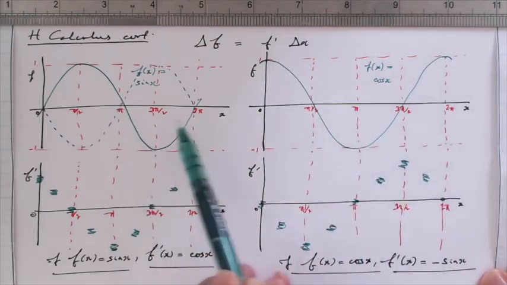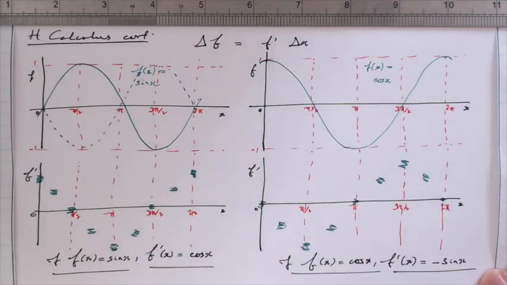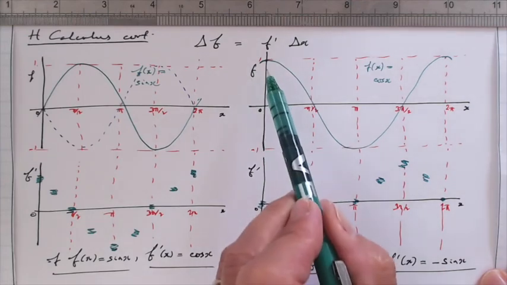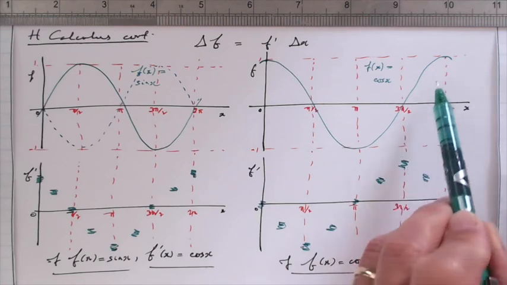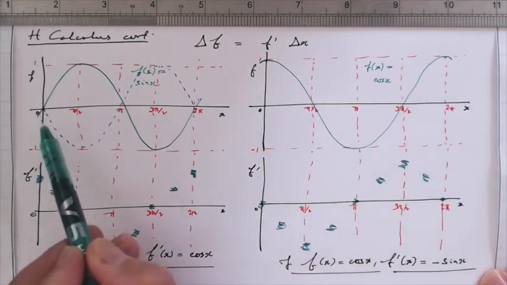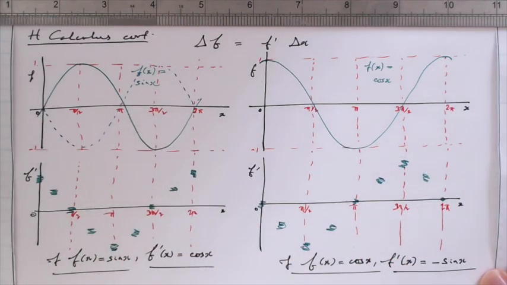So there's a very intimate relationship between these two functions. And likewise, the derivative of the cosine function is minus the sine function. So for any x, the slope of the tangent to the curve is given by this blue dashed line, the negative of sine x.